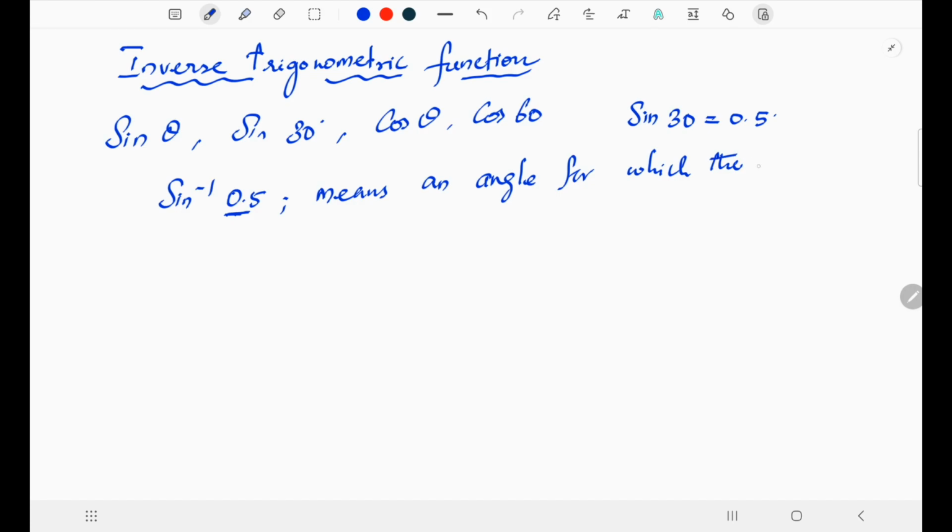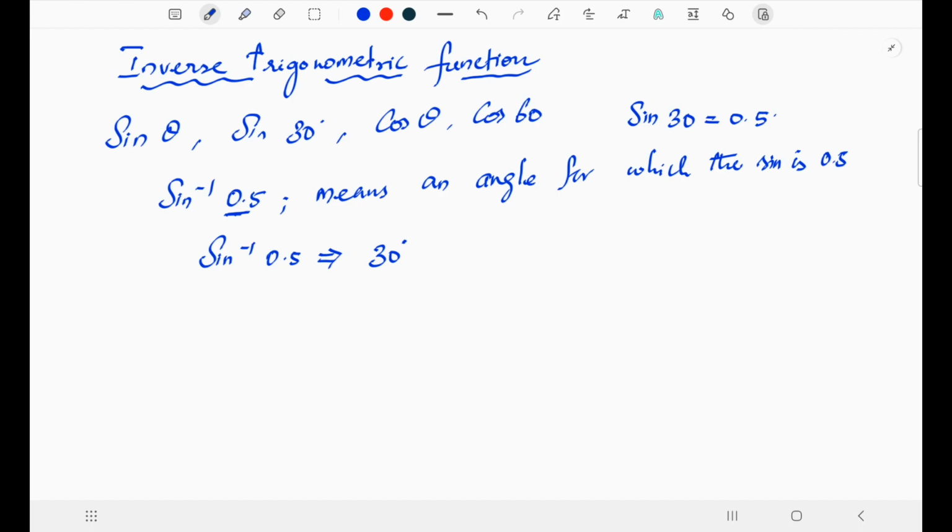Okay, this is the meaning, right? For example, if you use your calculator, sine inverse of 0.5 will give you 30 degree.